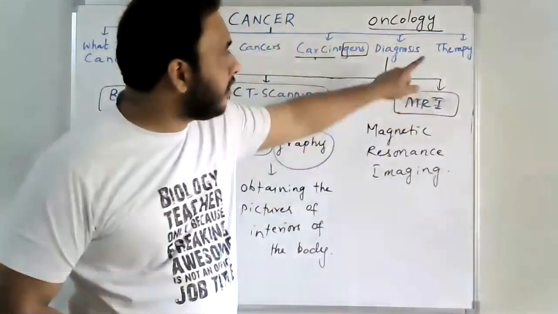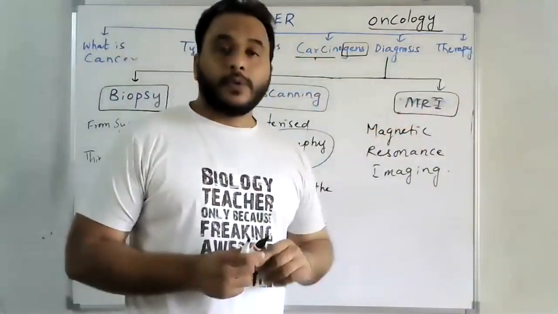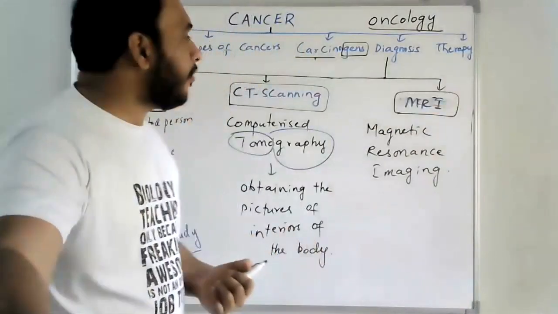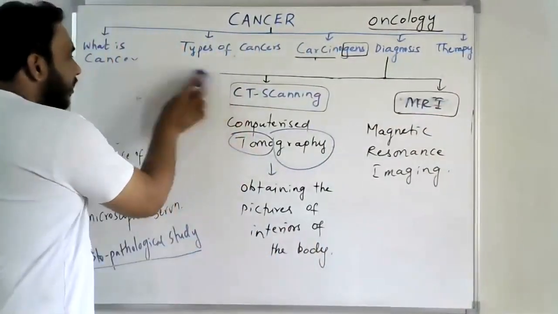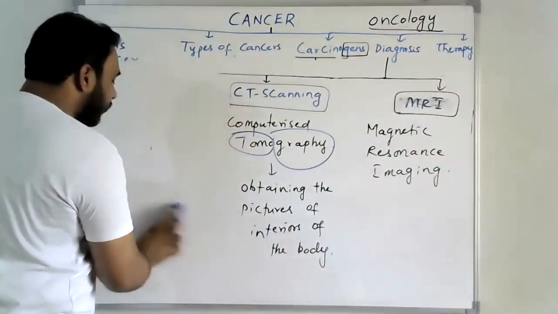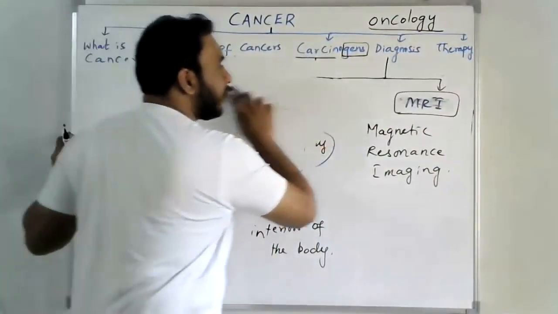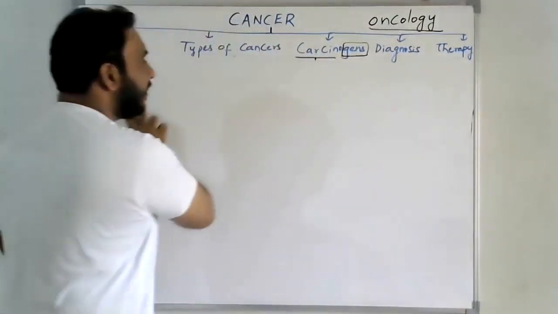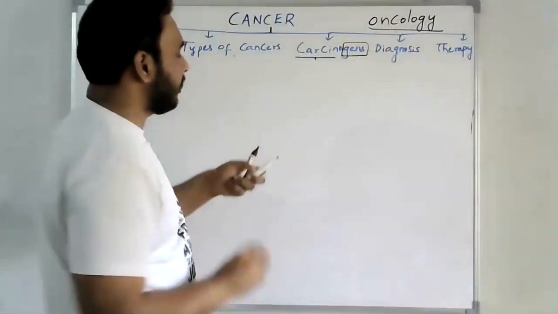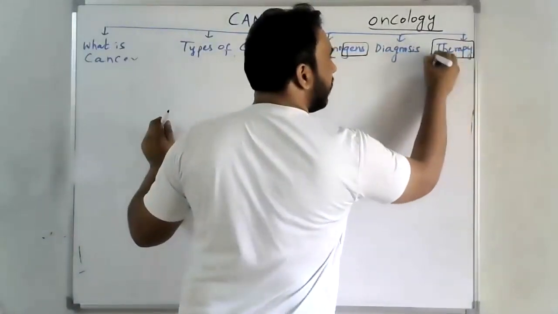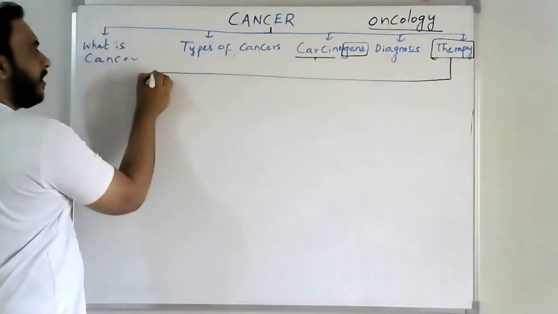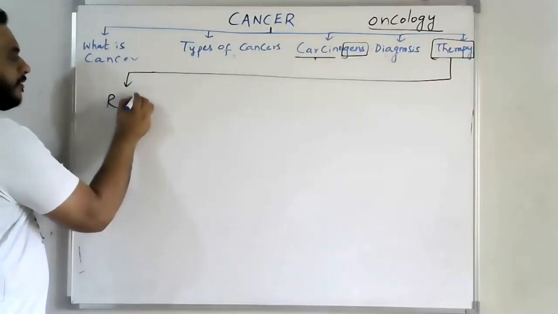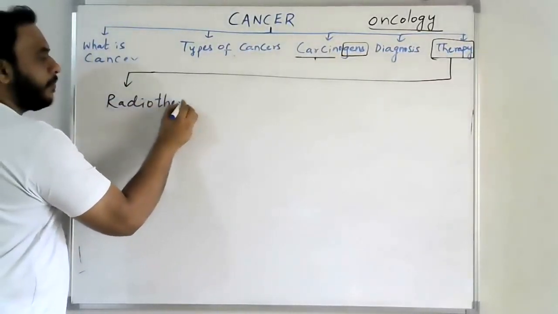And then the last topic that we are going to study in this video is therapy, that means treatment of cancer. So what is meant by therapy? Therapy means treatment. And there are three types of treatments. The first type of therapy is radiotherapy.